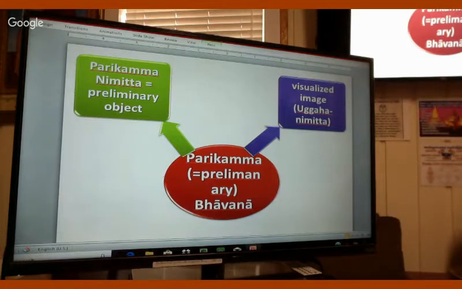So in the Bojjhanga Sutta we say bahulikata. Bahuli means many times. Bahula in Pali is many, and Sinhala is the same. Same? Oh. Yeah, that's why it is easy for you to learn Pali.